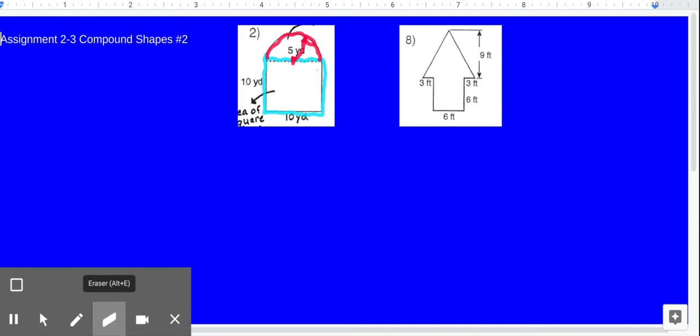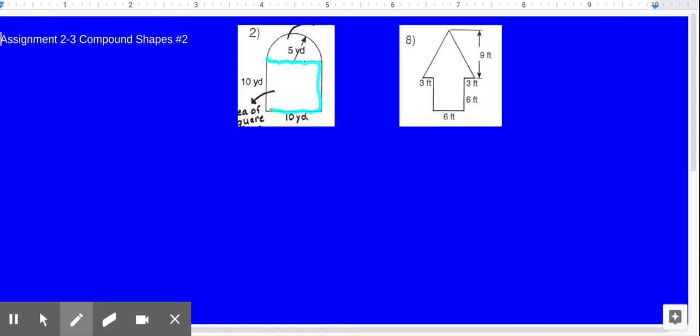So in order to find the area of this shape, I'm going to find the area first of the square, and then I'll find the area of what would be a full circle, and I'll just take half of that because we only have half of a circle.